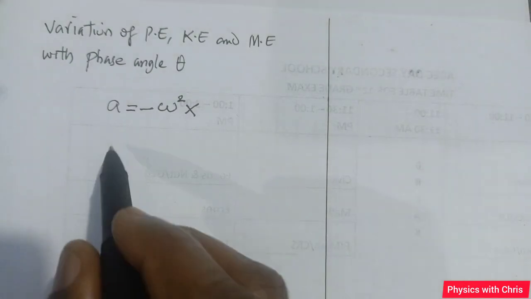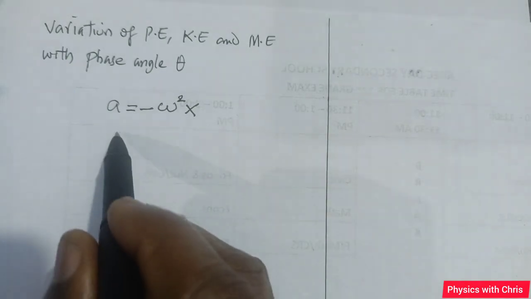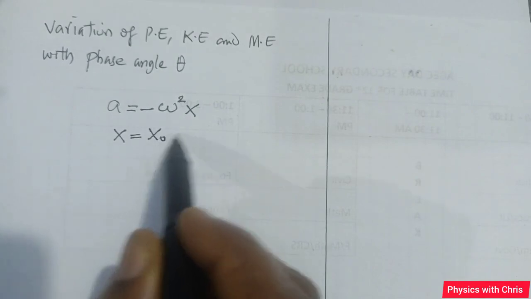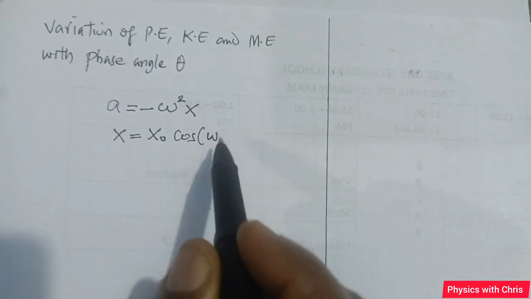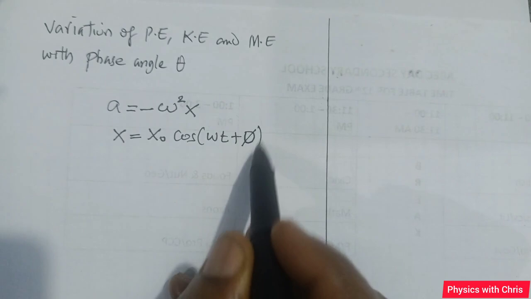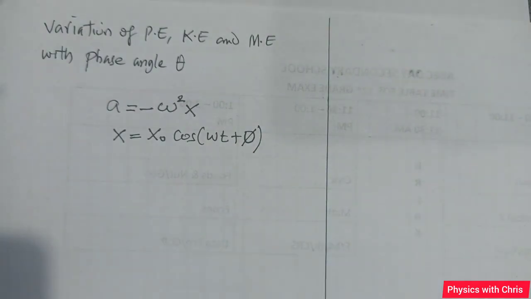The solutions to this equation can be displacement x equal to the amplitude x naught cos of omega t plus initial phase angle phi. This initial phase angle comes in when you start timing at a different reference point other than the actual reference point.